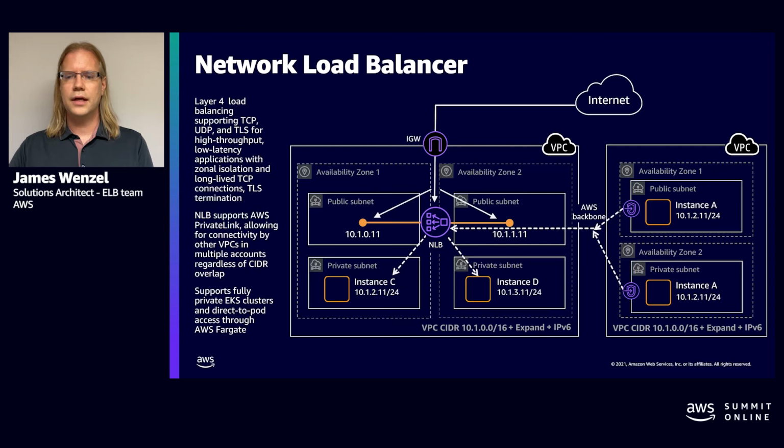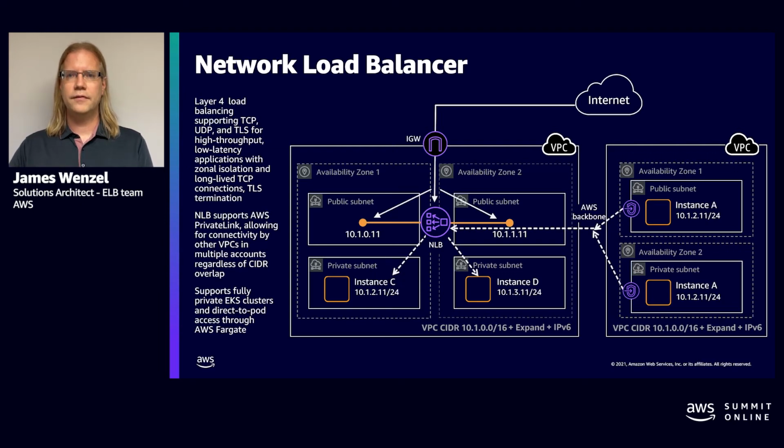One of the things that the NLB does is it allows for PrivateLink, which is a form of interconnectivity with other VPCs within the AWS network. And it allows for that traffic to traverse across the backbone. And as you can see in the example here, where I'm showing on the right-hand side that we're doing PrivateLink, it will help you get around any type of IP overlap.